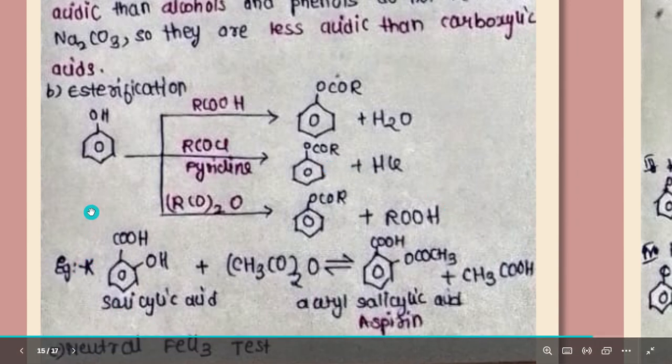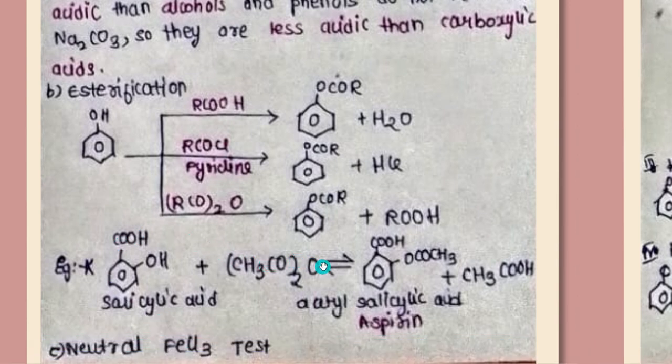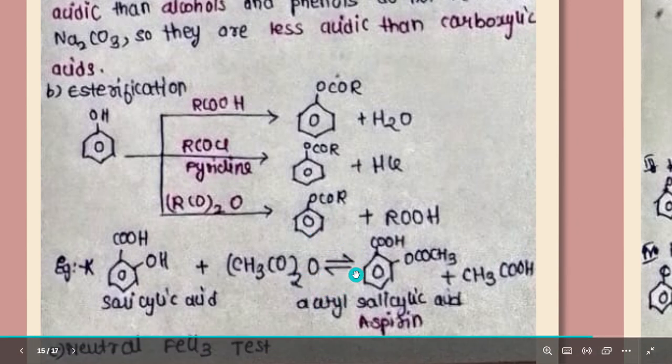For example, if we have this salicylic acid plus (CH3CO)2O, it will be a reversible reaction which will give us acetyl salicylic acid or aspirin.